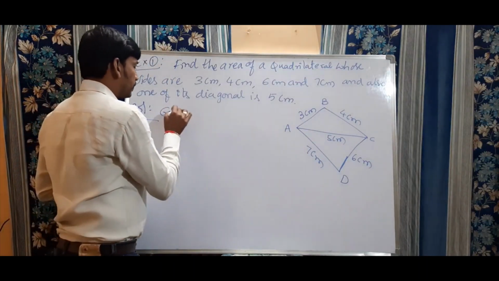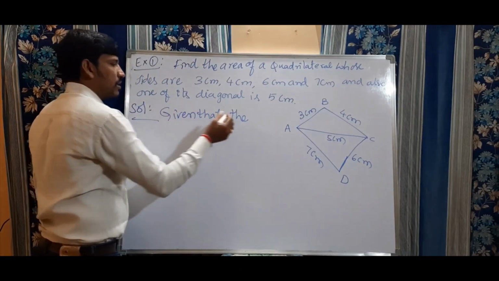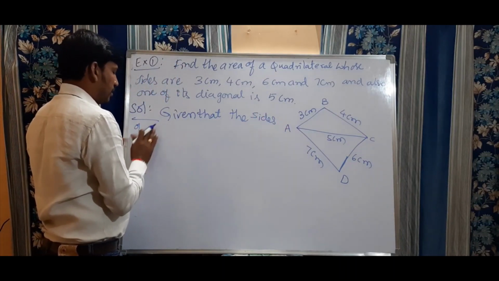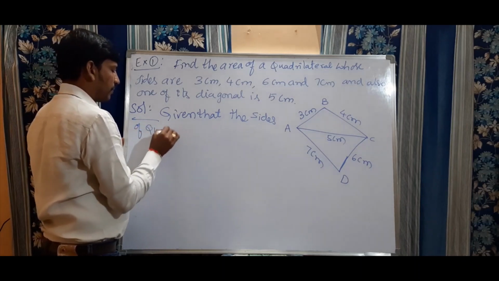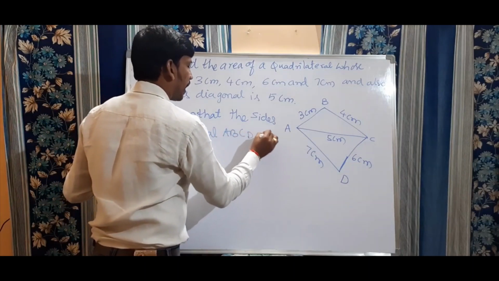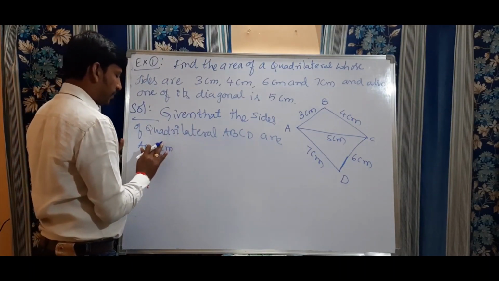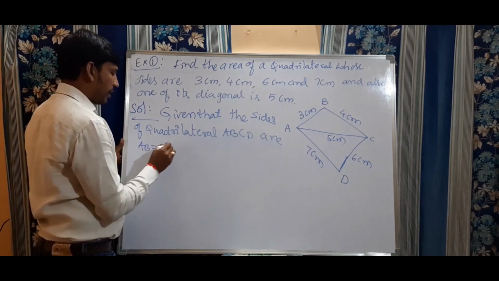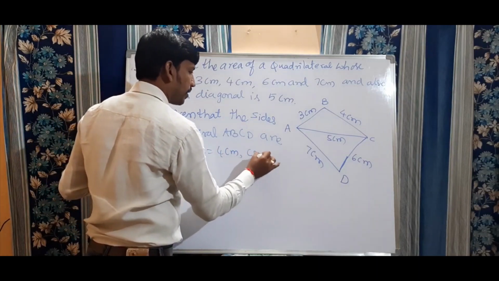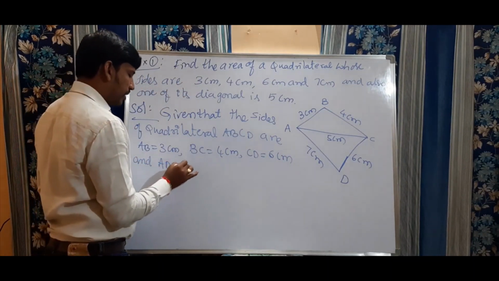So given that the sides of quadrilateral ABCD are: AB is equal to 3 centimeters, BC is equal to 4 centimeters, CD is equal to 6 centimeters, and AD is equal to 7 centimeters.